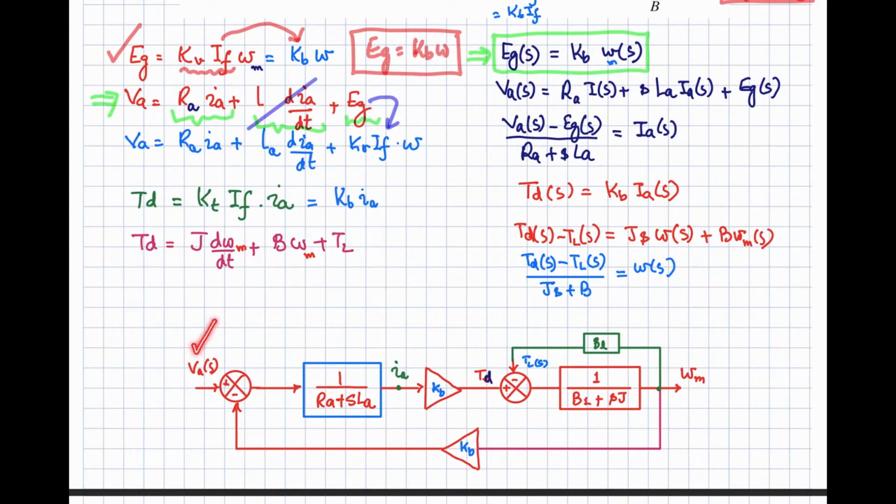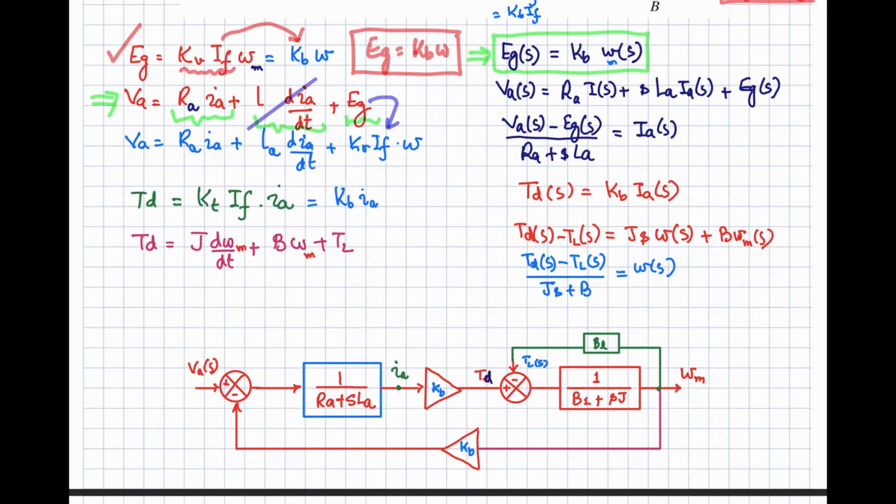Here you can see the applied voltage VA minus EGS, which is coming from here, and the difference of these two is passed through the transfer function 1 over R plus SLA. When you perform that, you get IA, and if you multiply it with KB, you get the developed torque.